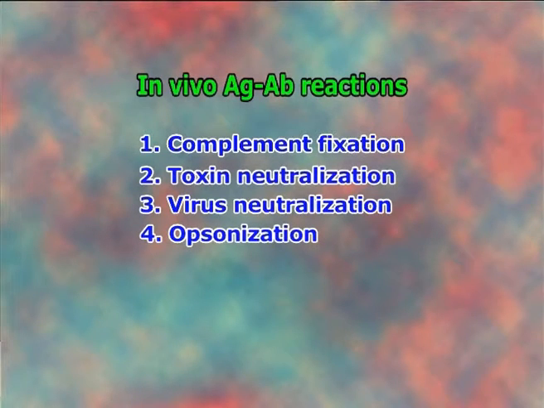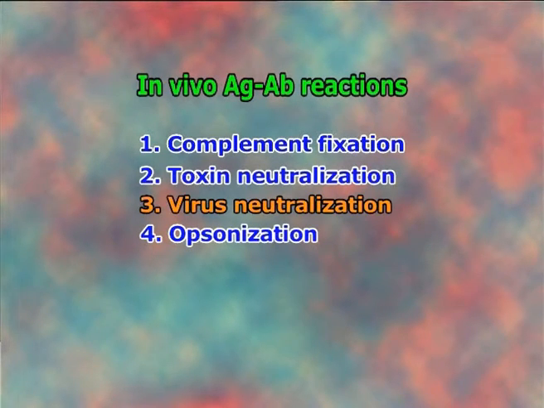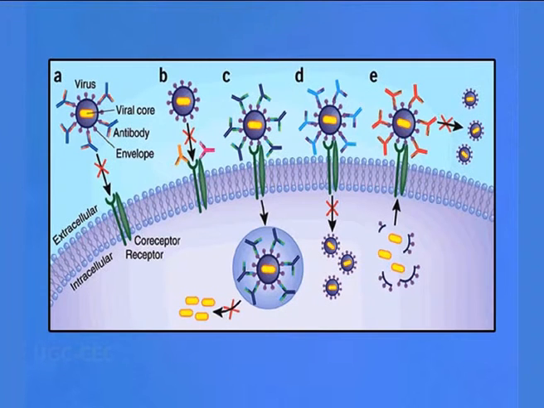The third type of interaction is viral neutralization. Immunoglobulin G, M and A antibodies can bind to some viruses during their extracellular phase and inactivate them. This antibody-mediated viral inactivation is called viral neutralization. Fixation of complement component C4b to the virus helps in the neutralization process.